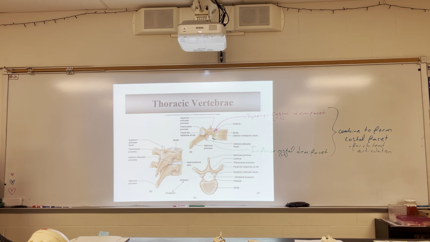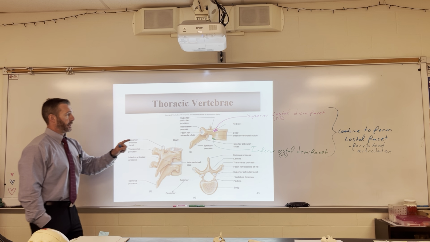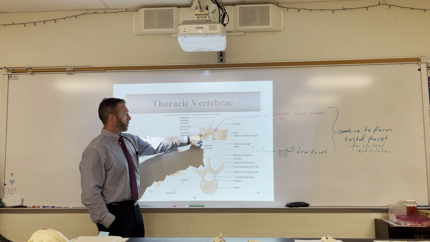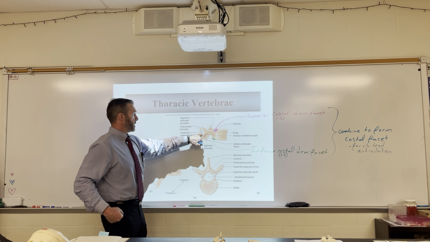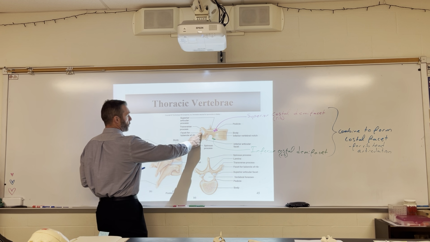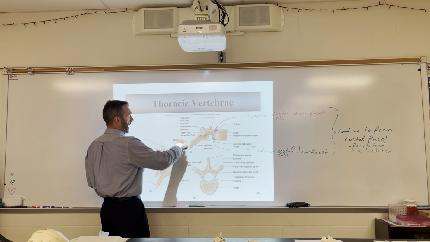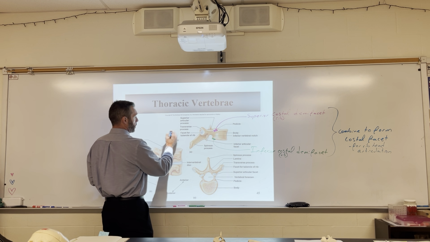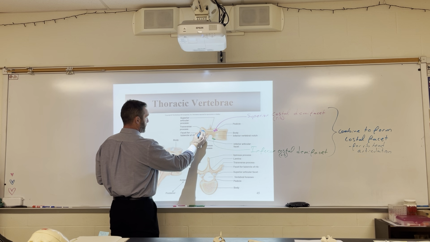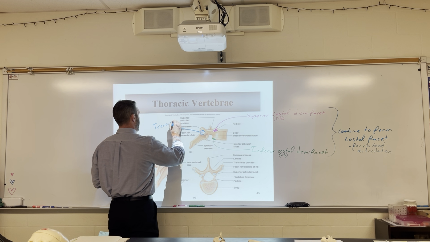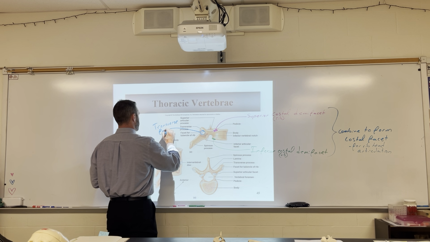Okay. Now, before we do that, the rib head articulates on the posterior corners of the vertebrae, but then the tubercle of the rib on this rib anatomy will articulate with the transverse facet. Now, this slide says facet for tubercle of rib. Well, that is more telling you what it does. The name of it is a transverse facet.